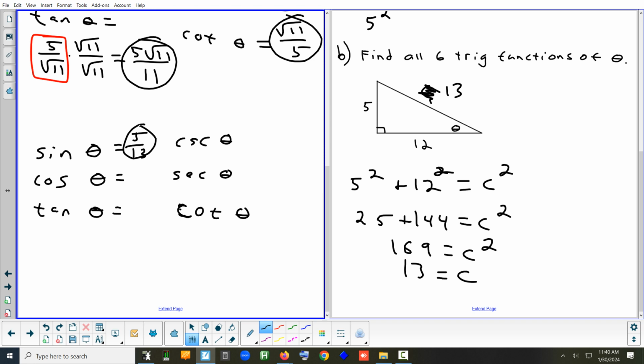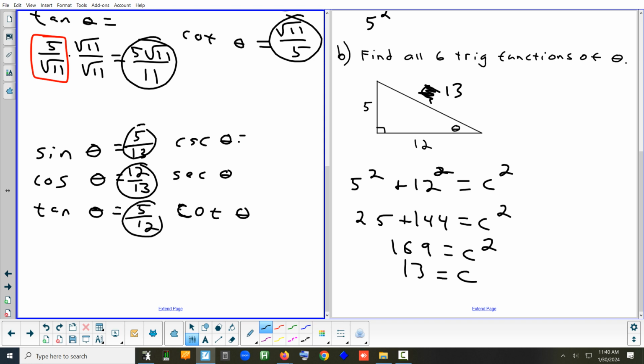How about my cosine? 12 over 13. My tangent? 5 over 12, yep.